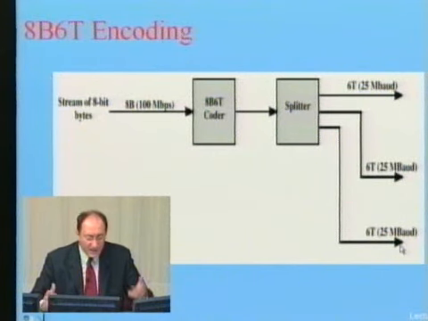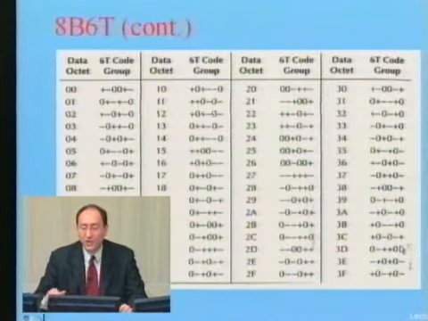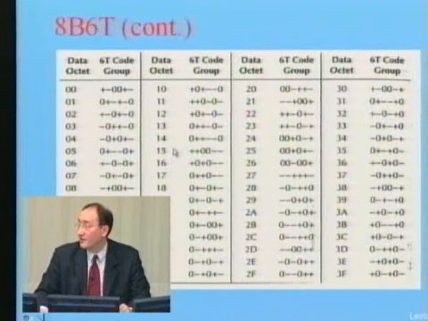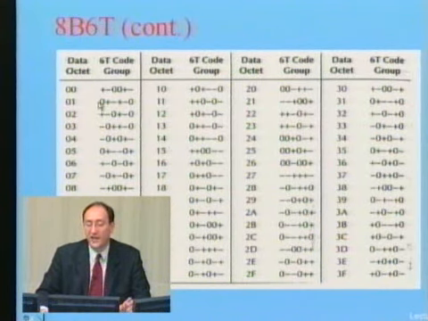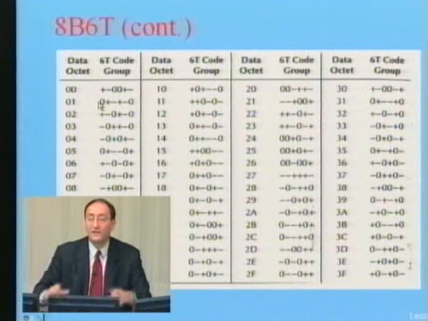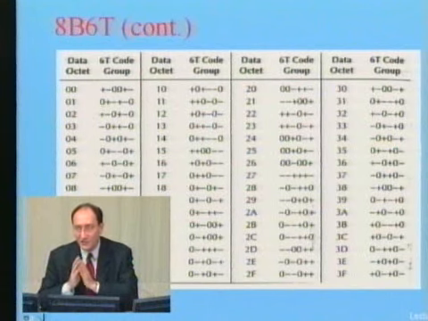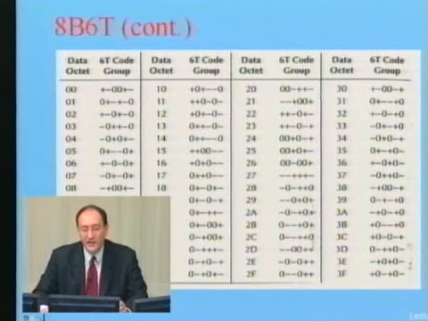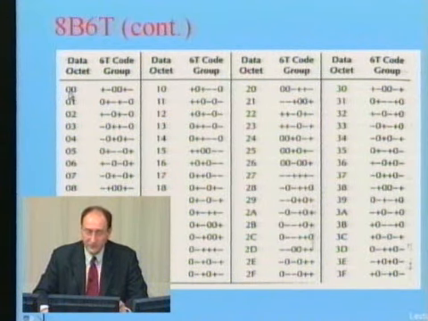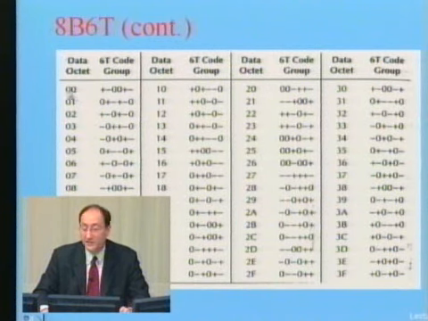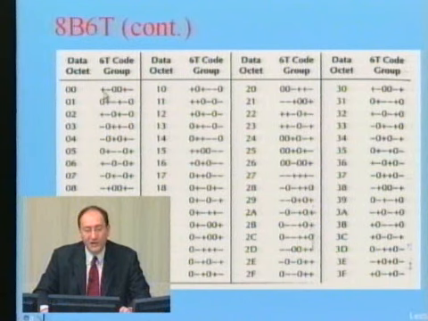So what is that coding? This is a part of the table for that coding. Do you remember that in the X series, you were first doing 4B, 5B, then to trinary? In here, you do that directly. You get 8 bits, which now are in the octet in here, meaning this is 0, 0, 0, 0, 0, 0, 0, 0 on 8 bits. You map that to plus, minus, 0, 0, plus, minus.